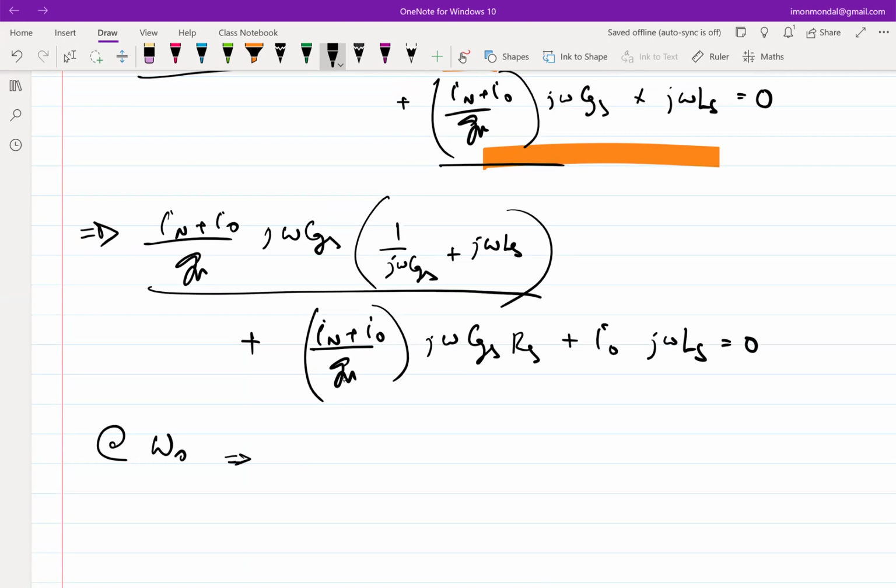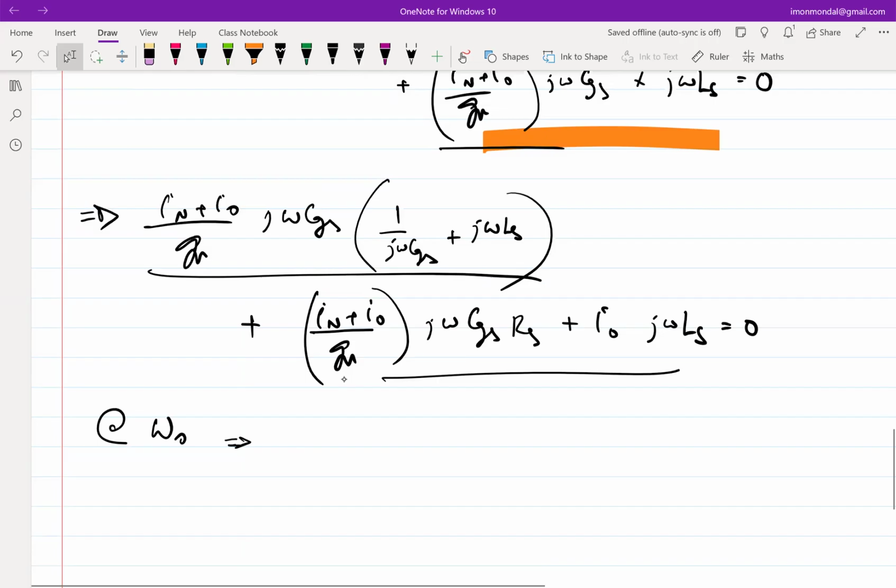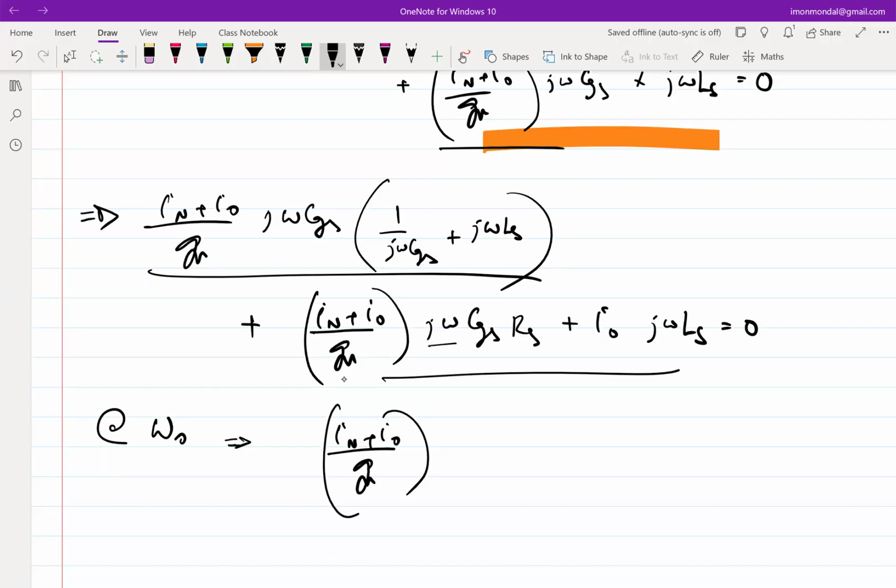So at resonance, this term goes to 0, right? Only left with this term. So I'll just play around with this term, which essentially means that your IN plus I naught over GM. This j omega also goes off.